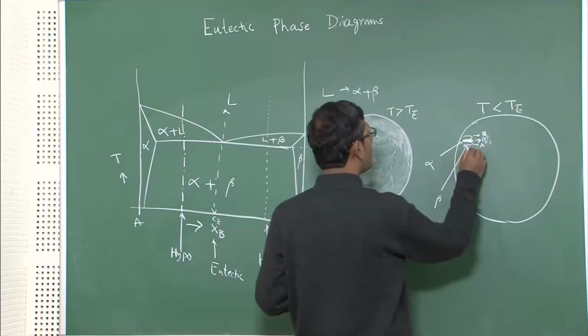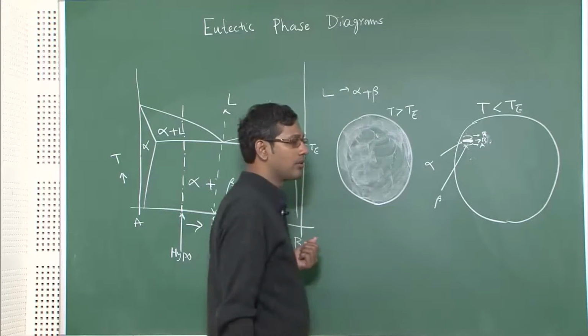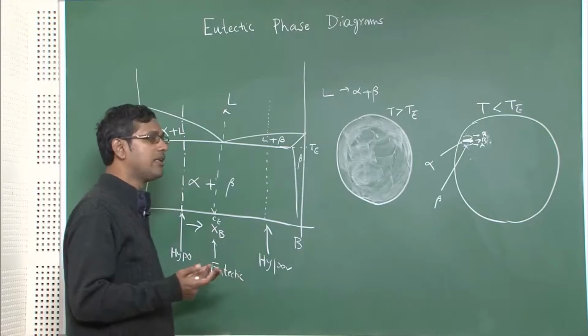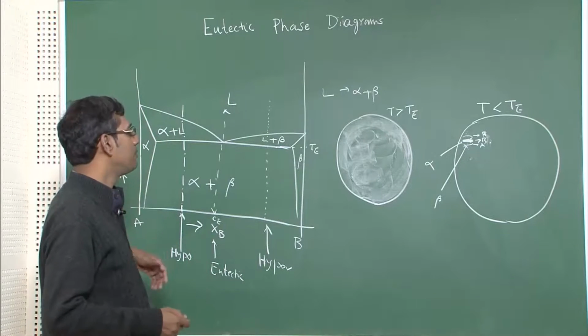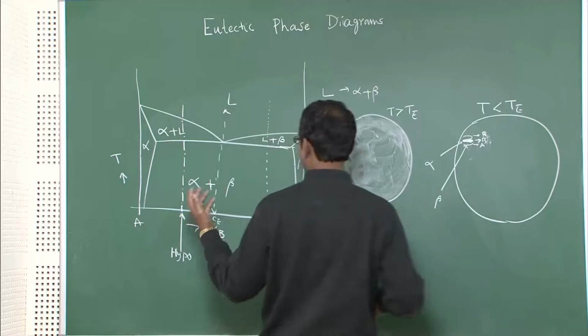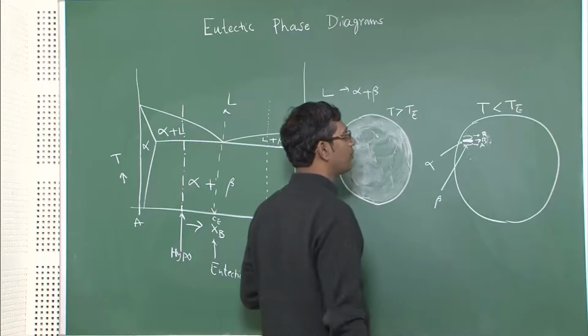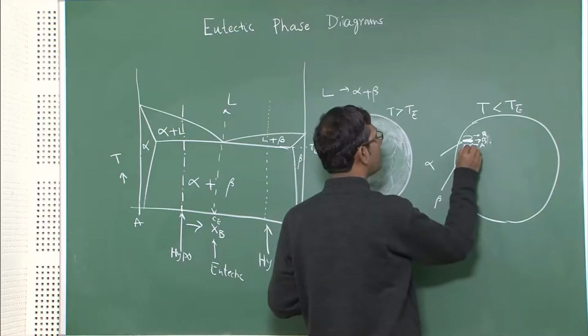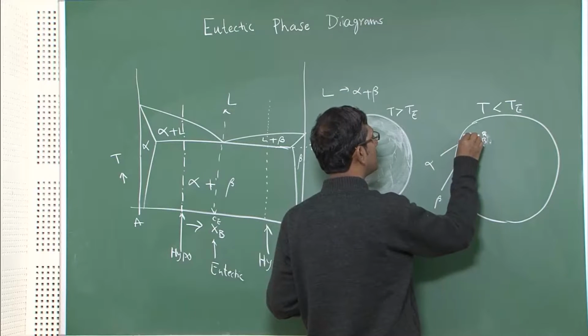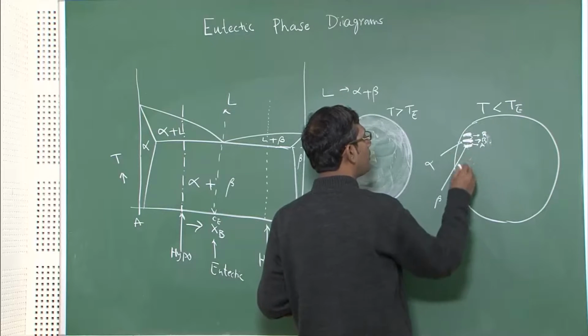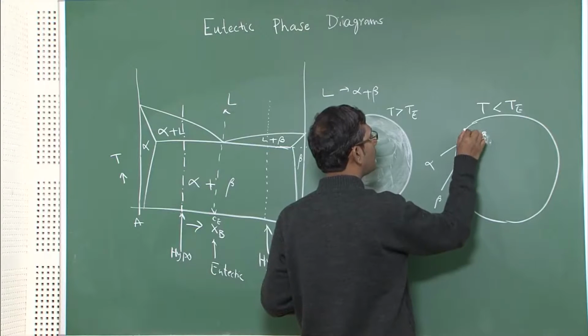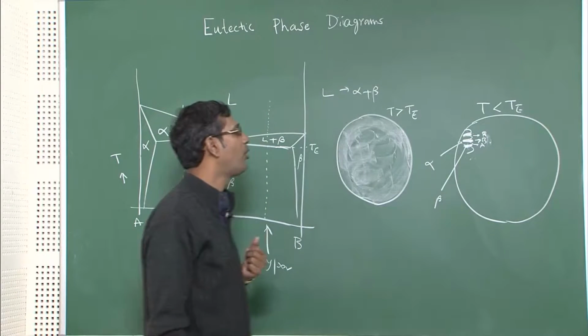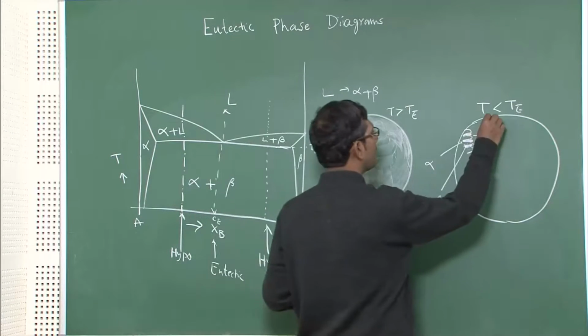As the A comes out, the A concentration will increase, and when the A content is very large on both sides, it is easy for alpha to nucleate and grow on both sides. Like that, again beta will form, and that is the way you form a lamella.